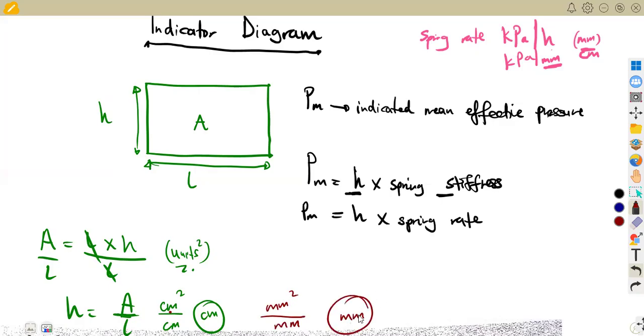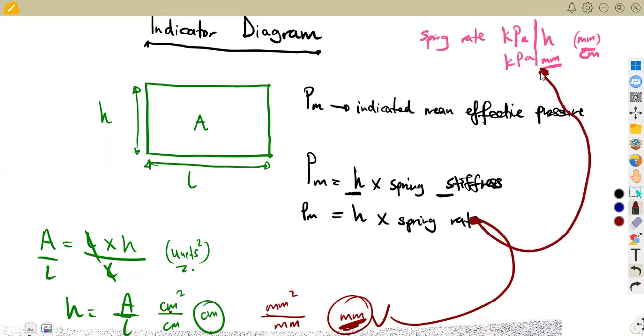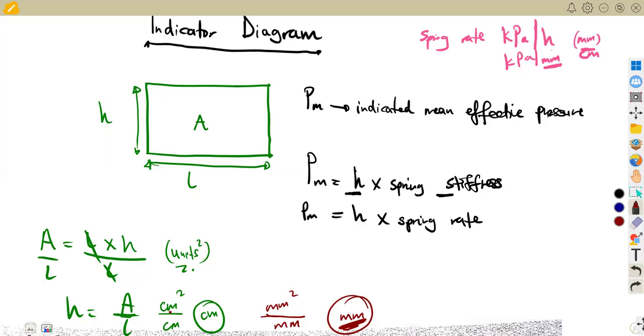Yes, you can change your height later on, or you change the units to the suitable units, or you find it in millimeters. Then, depending on the spring rate, which we said can be kilopascal per millimeter or kilopascal per this unit that you're given, you change to those units. But this is how you are going to find your height.